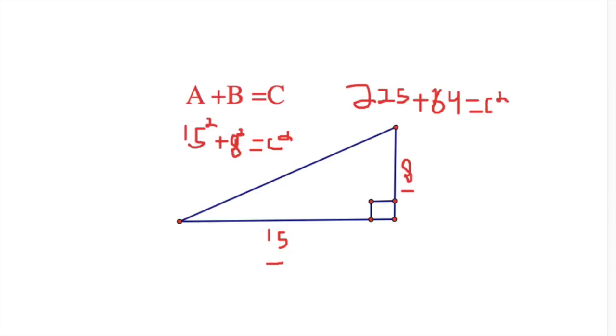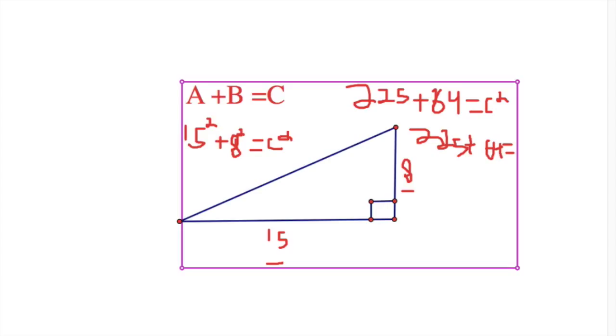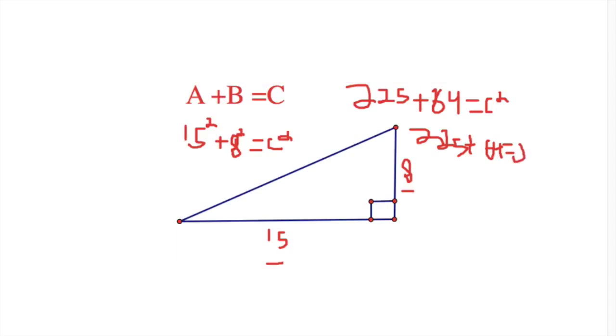Next, we want to add them together. 225 plus 64 equals 289.